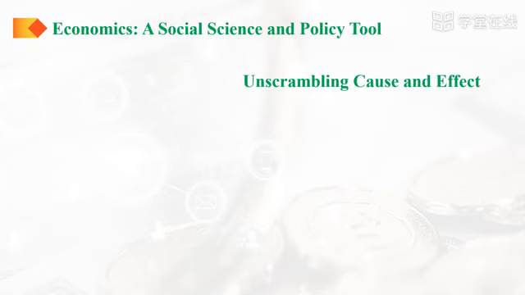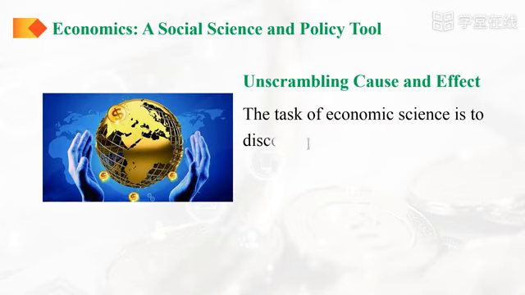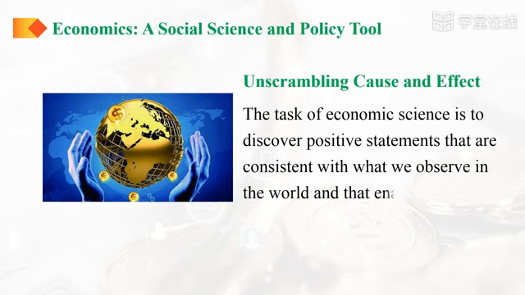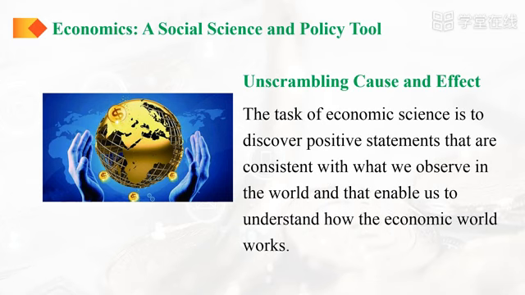The task of economic science is to discover positive statements that are consistent with what we observe in the world, and that enables us to understand how the economic world works.